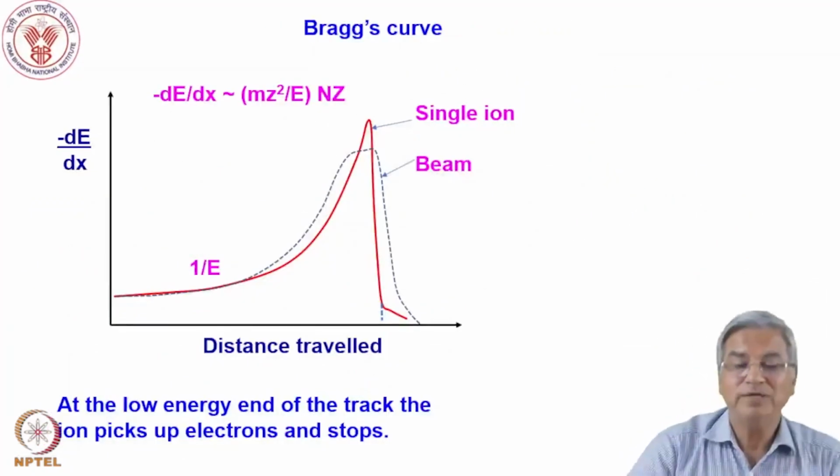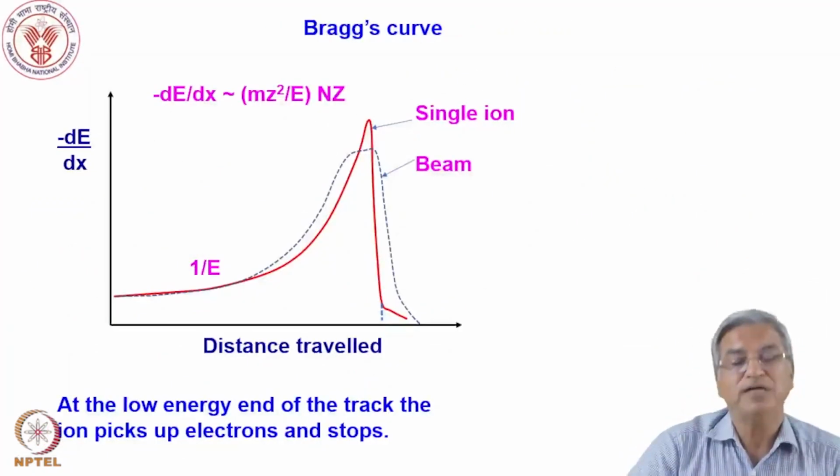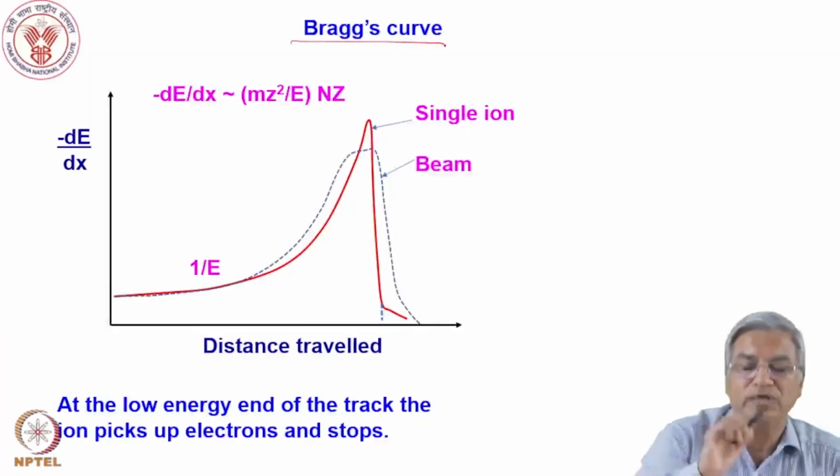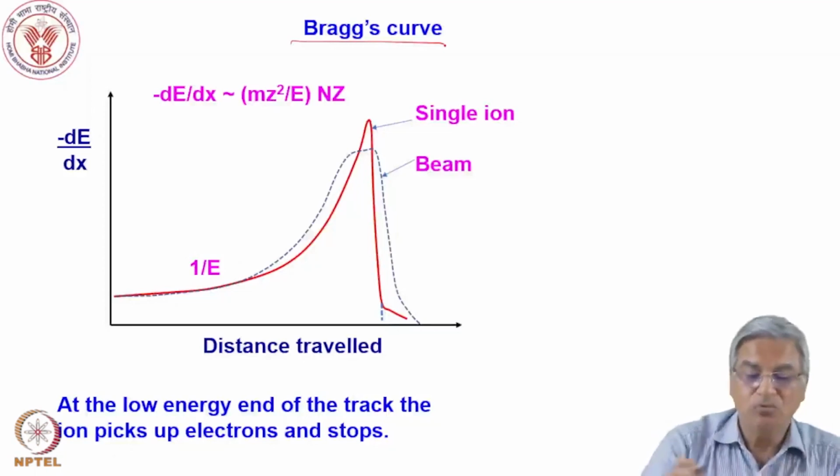Now, another important property of heavy charged particles is the Bragg curve. Bragg showed how the stopping power changes along the distance traveled by the ion.